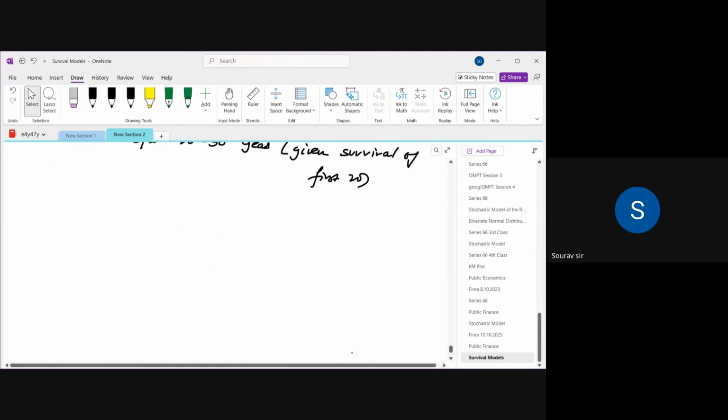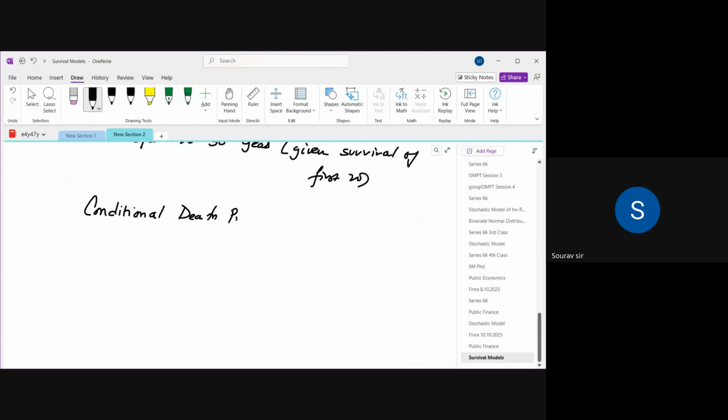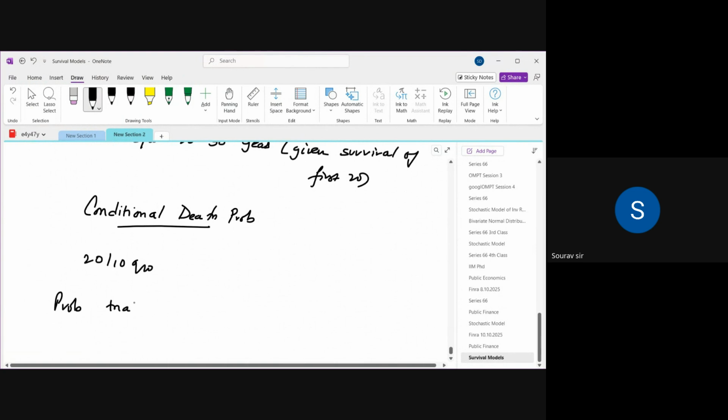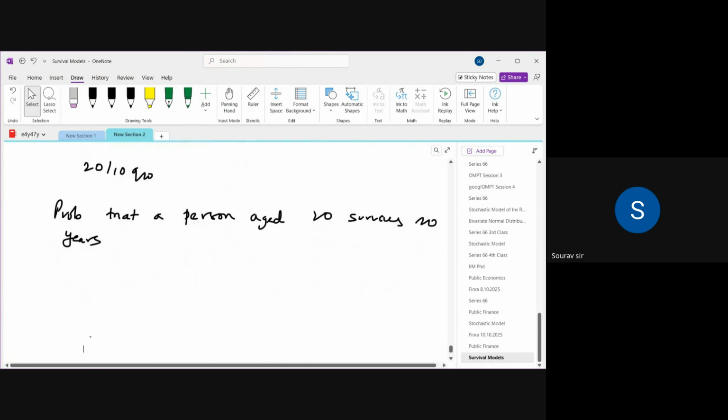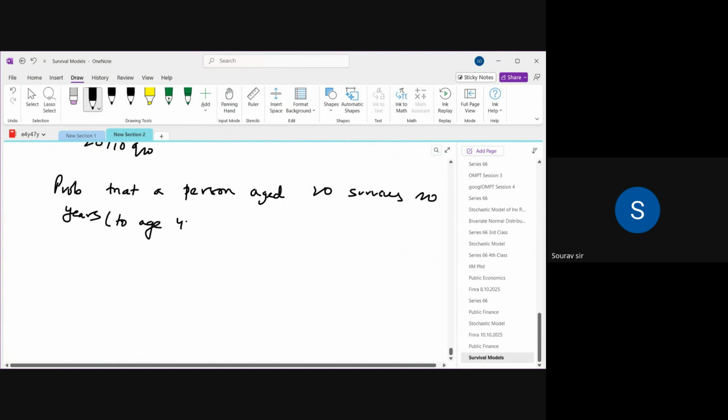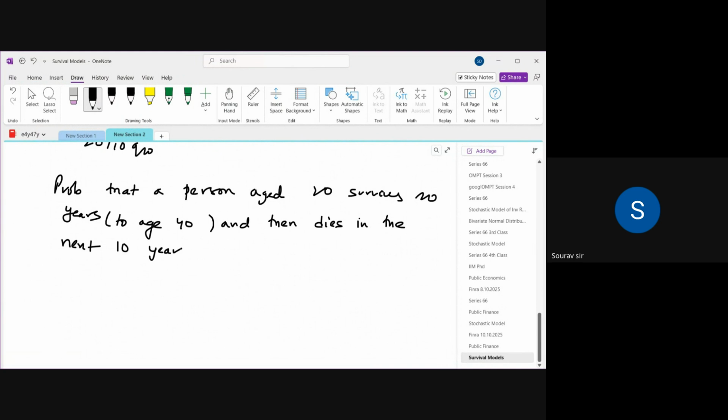Now conditional death probability. So here 20|10q20 means the probability that a person aged 20 survives 20 years to age 40, and then dies in the next 10 years, that is between 40 and 50.